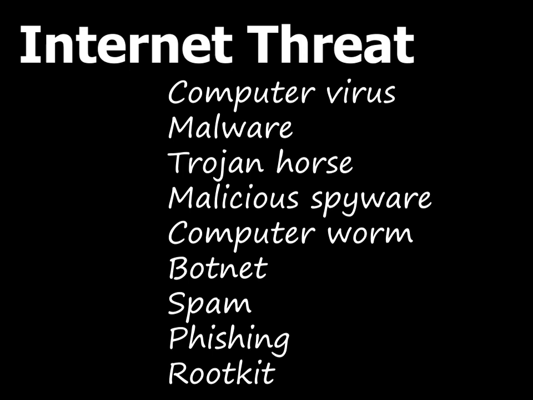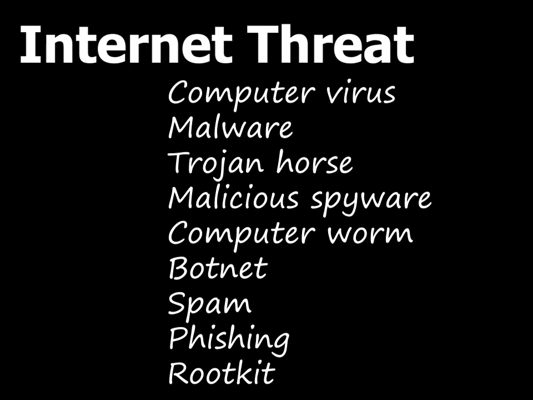Here, if you see Trojan horse, the user can infect the computer with this Trojan horse software simply by downloading an application they thought was legal, right? They will think that it is legal, but the fact is it is illegal, right?